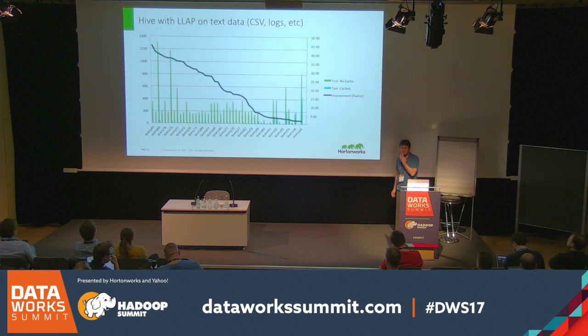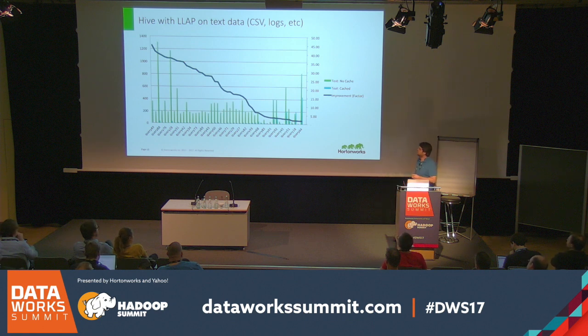Something that we added very recently is native support for text in LLAP. Usually, what folks recommend when you run on text data, comma-separated values or JSON text or anything like that, is that you first transform the data and put it into a columnar format that these engines can process effectively. What we're doing in LLAP is, if you're seeing these text files come up, we on the fly transform it into a cache-friendly format and put it in the cache.